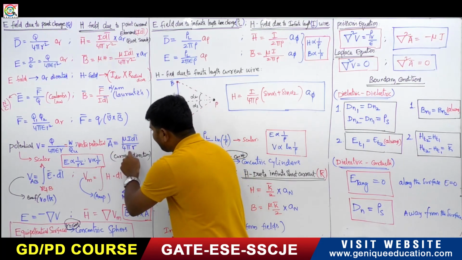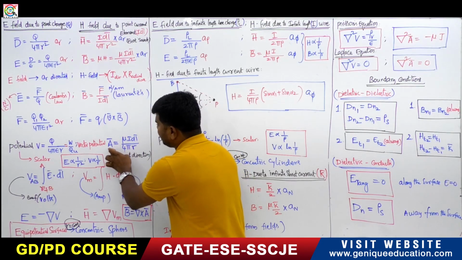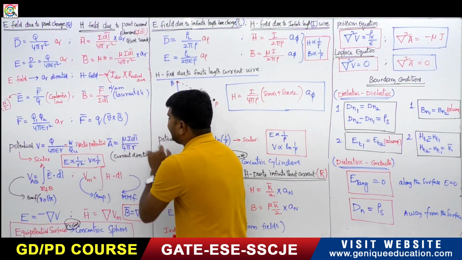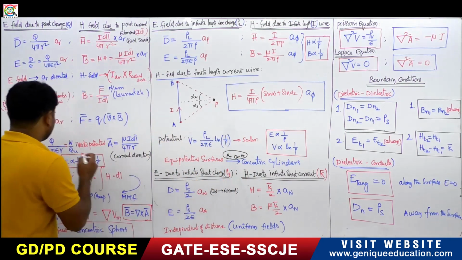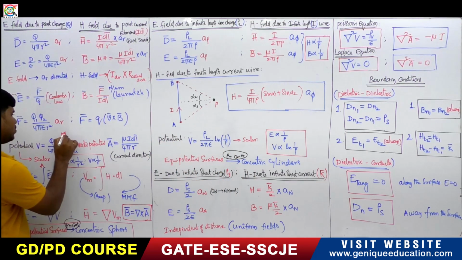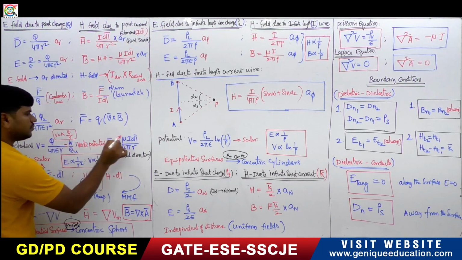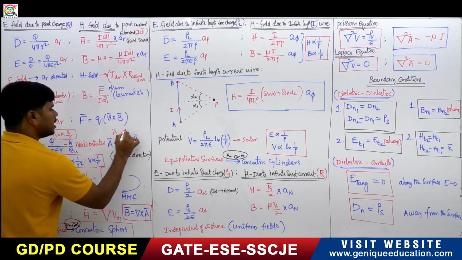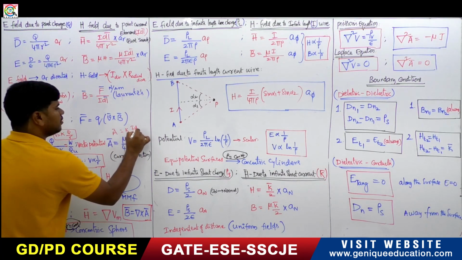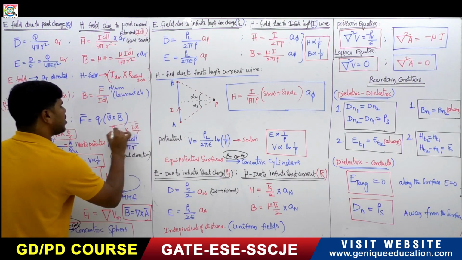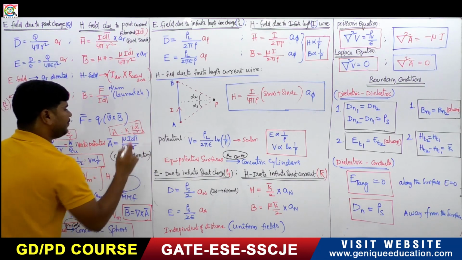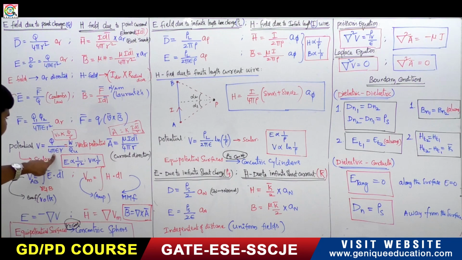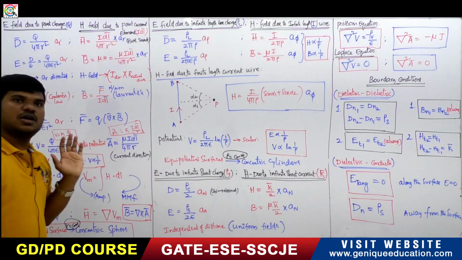I can write A is equal to K into IDL by R, right? If you observe this, here V is equal to K into Q divided by R. Here also A bar is equal to K into IDL divided by R. So this is the point you have to understand. Okay. So what is K here? For the electric fields, the K is 1 by 4 pi epsilon. For the magnetic field, the K is mu by 4 pi.